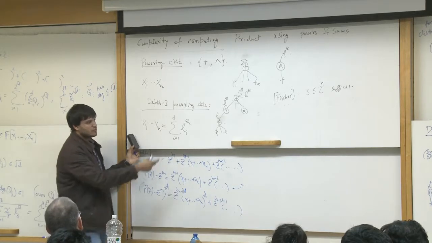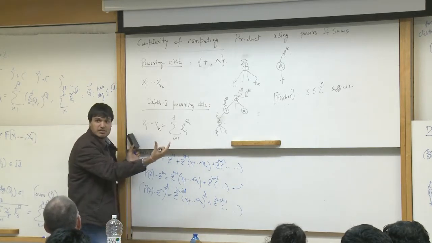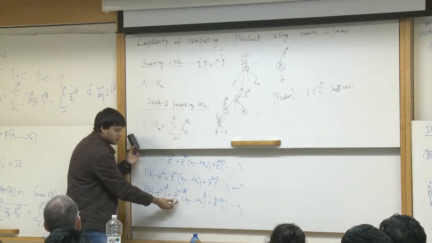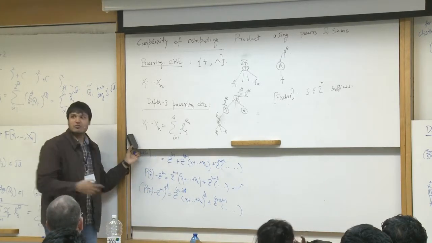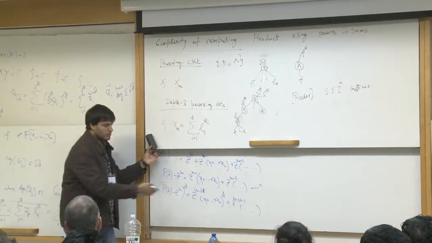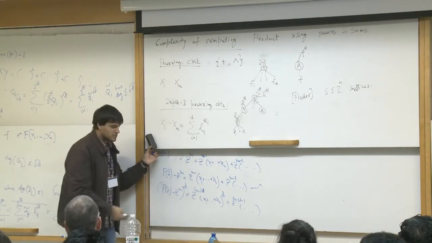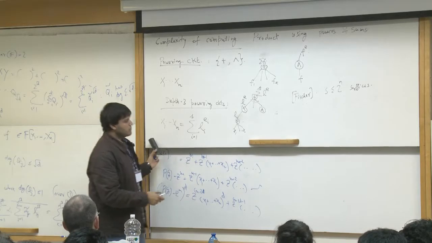So now note that this is the term we require, and it occurs as one of the coefficients of this polynomial. So now we can just use interpolation to extract this coefficient.